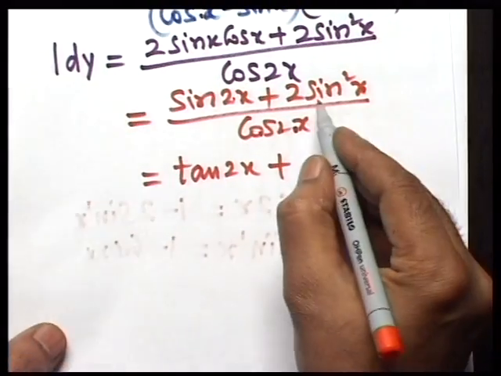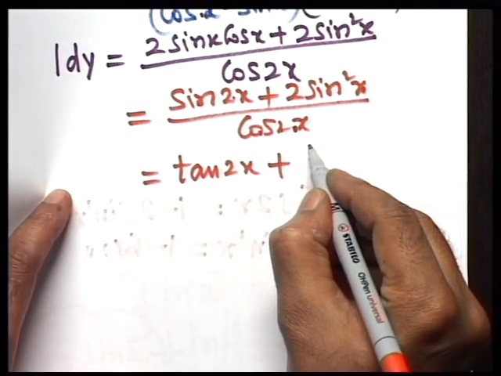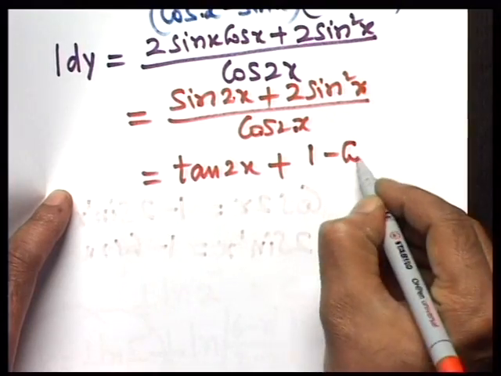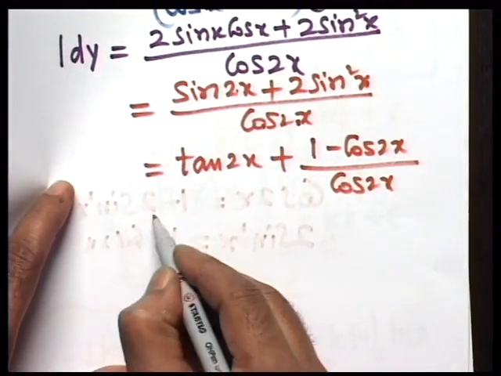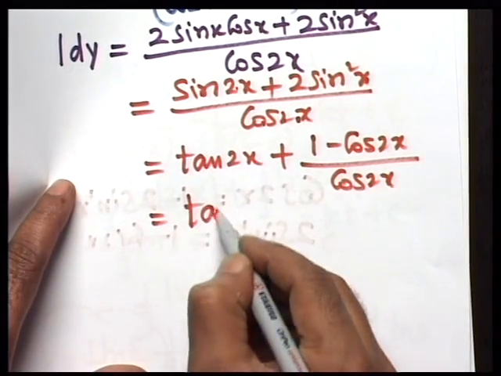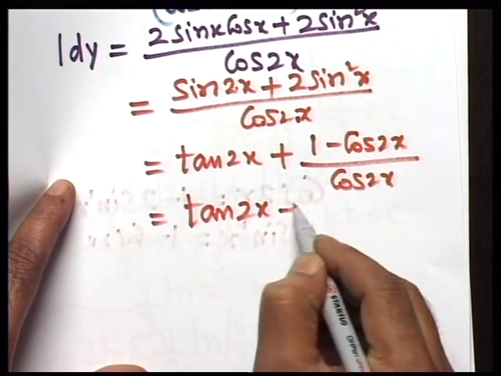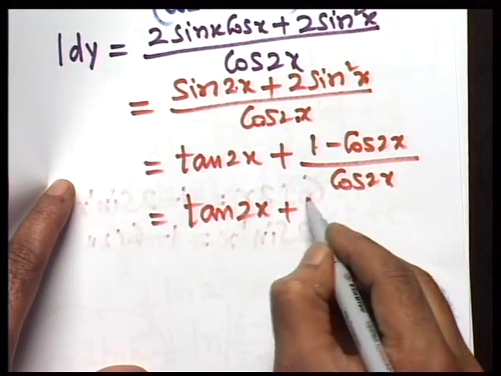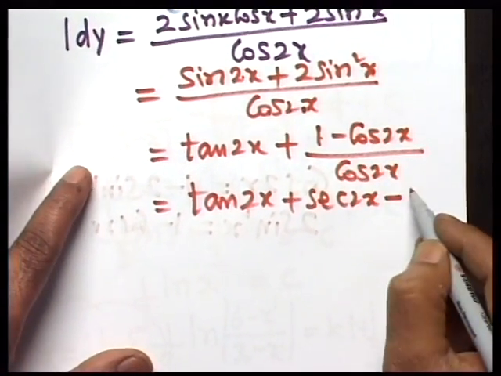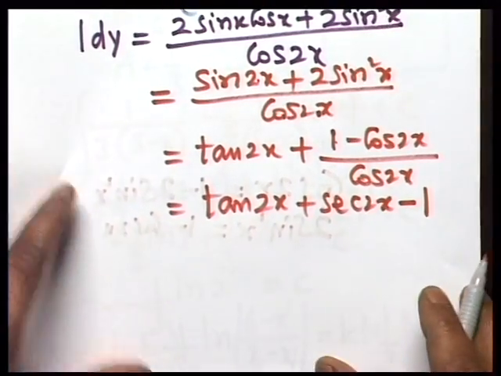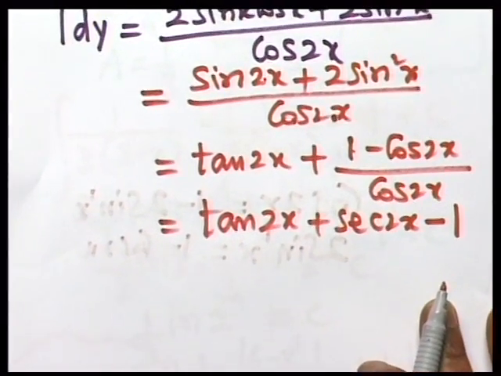So now that is actually 1 minus cos 2x divided by cos 2x. We can split that. We did not integrate yet, right? Tan 2x plus 1 over cos 2x is a sec 2x, minus cos 2x over cos 2x is 1.